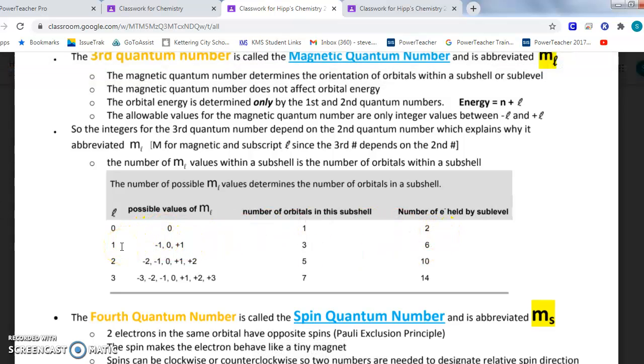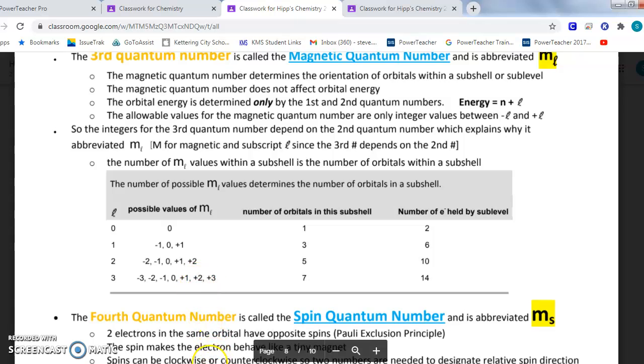When L equals 1, you're in the p, 3 orbitals, holds 6. When the L equals 2, you're in the d sublevel made up of 5 orbitals, holding 10. The f is made up of 7 orbitals, right there, holding a total of 14. So our numbers are 2, 6, 10, 14. The s holds 2, the p holds 6, the d holds 10, the f holds 14.